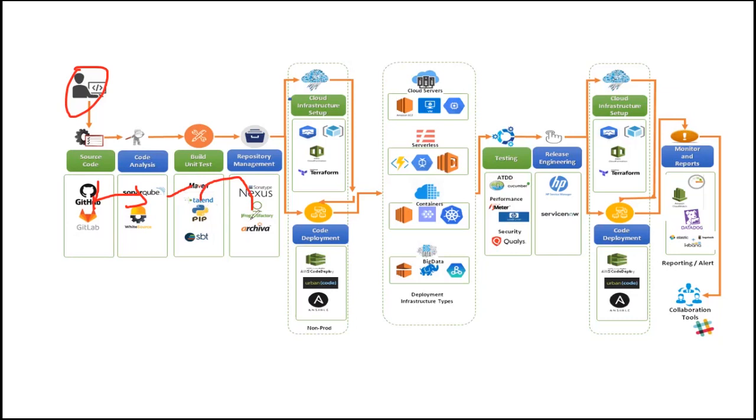Again here they are showing multiple tools, but I'm picking only one tool. That's enough. Artifactory. If you go with Artifactory, then the same functionality applies for Nexus. So you just swap it. If you go with a Nexus, then this is no need, right?